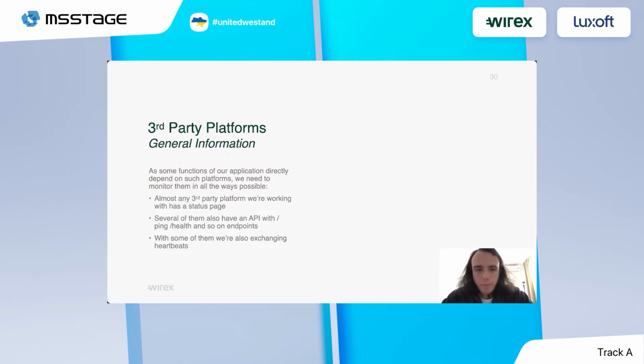Okay. As some functions of our application directly depend on such platforms, we need to monitor them in all the ways possible. Almost any third-party platform we are working with has a status page. Several of them also have an API with endpoints that we can probe.